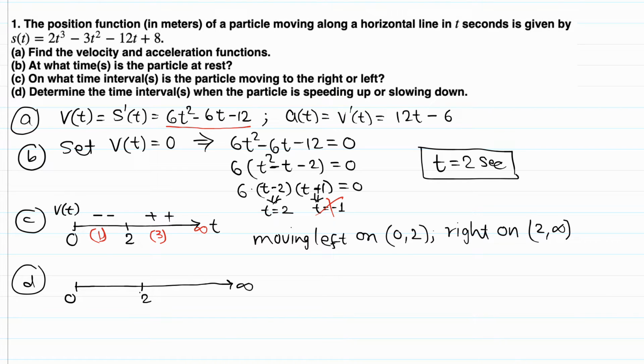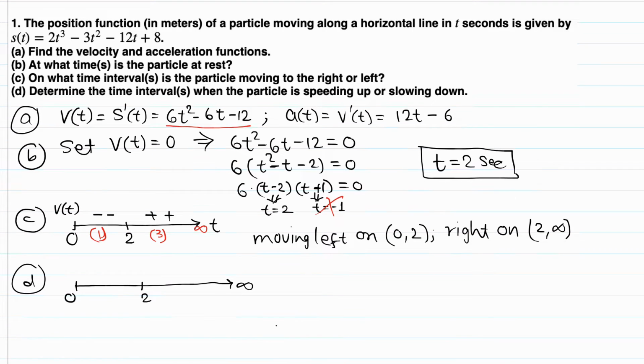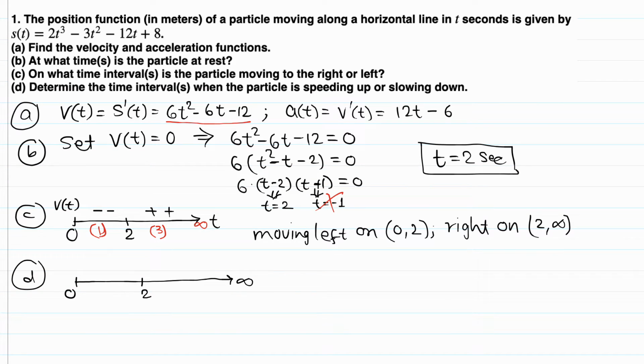We need to take acceleration into account as well. Acceleration is given here. Now we need to determine where this acceleration is 0. So 12t minus 6 equals 0.